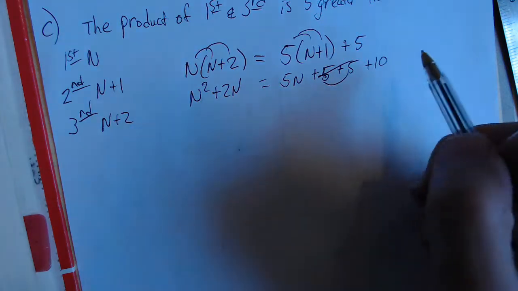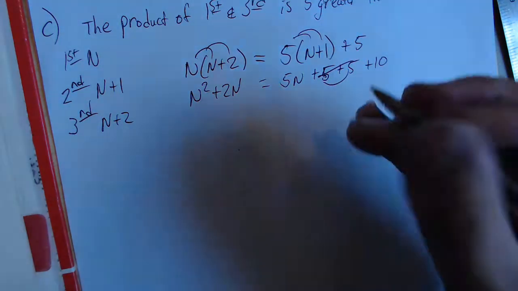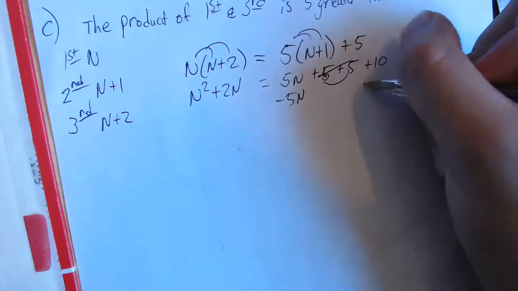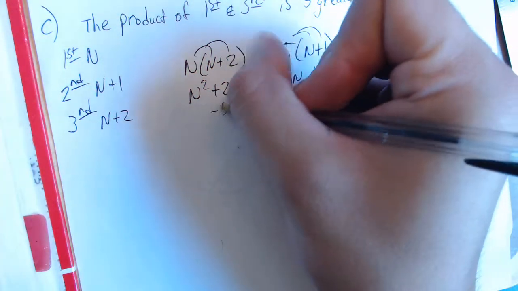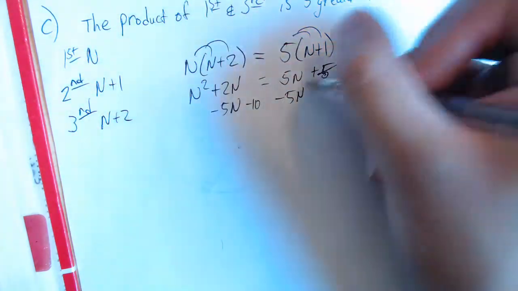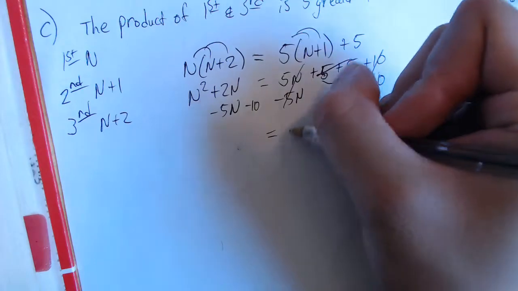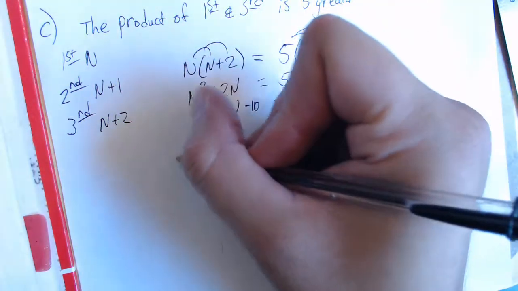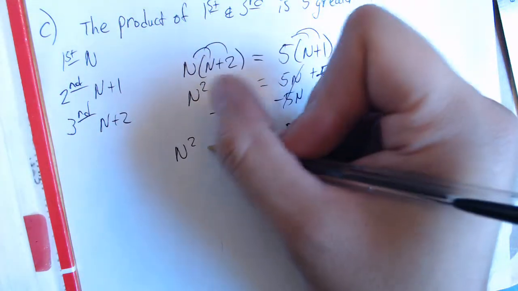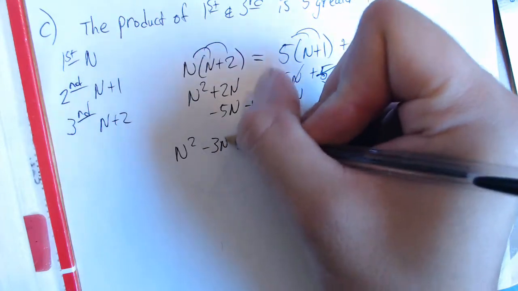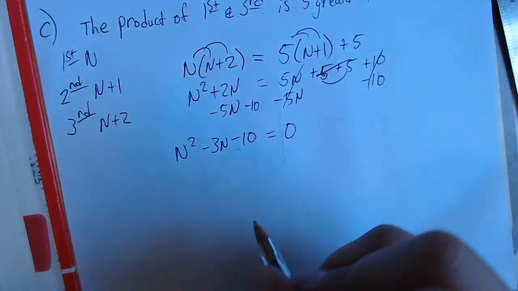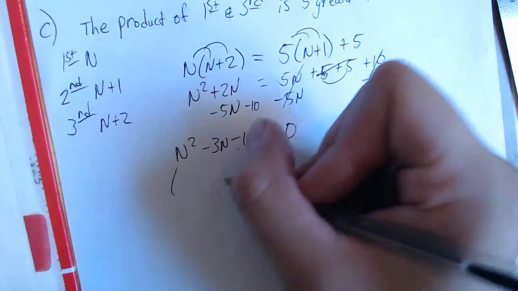So I'm going to move the whole quadratic to one side and see if it'll factor. So I'll subtract 5n from each side, and I'll subtract 10 from each side. That cancels, and on the left side we're left with 0, and then here we combine it to get n squared minus 3n minus 10, and we're going to hope that this will factor. So let's see if it does.